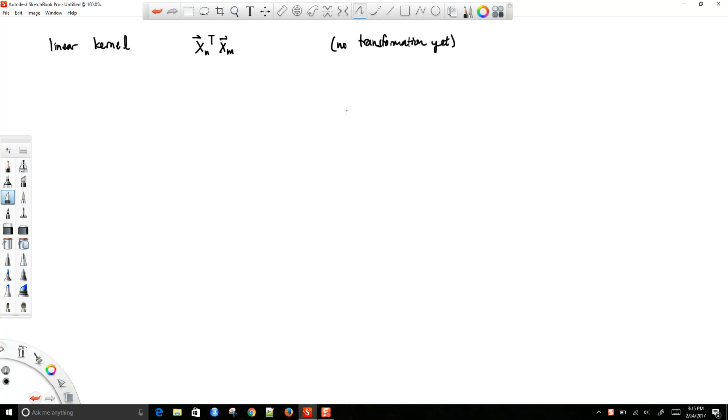But then you can have a Gaussian kernel. Here we take our two points and the difference between them, then take the inner product, and then we exponentiate this, but we multiply by some value gamma.